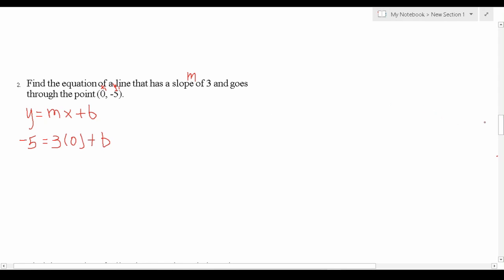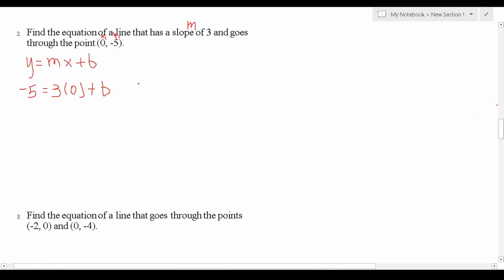Okay, let's just work this out. Negative 5 equals 3 times 0 is 0. Again, anything times 0 is 0, plus b. So now we know what our b is. The next step in number 2 said to simply plug those values into the slope-intercept equation, which again is y equals mx plus b.